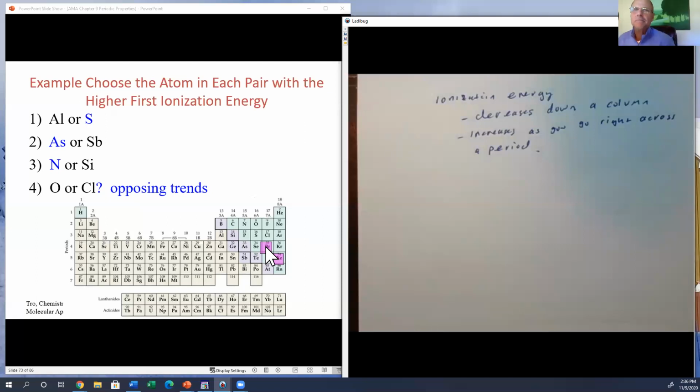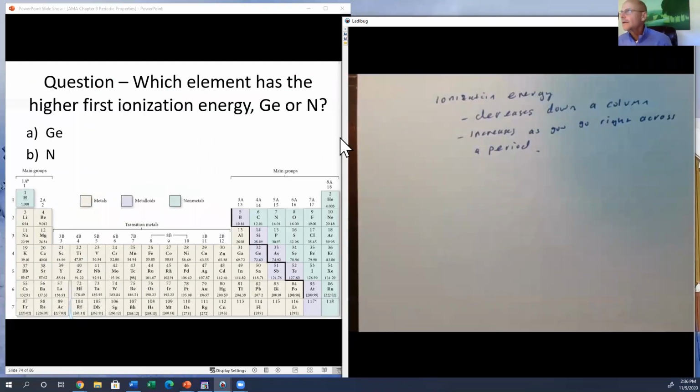Yes, correct, exactly right. And when it's like that, in a corner meeting like bromine and xenon, we can't predict based on periodic properties. Very good. Let's have you try one here.